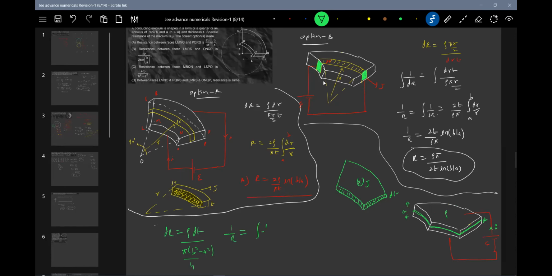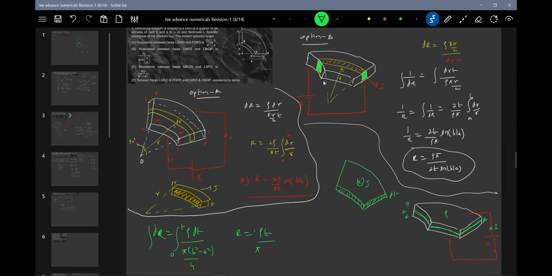One by R equal to one by integral of dR. Sir, direct integration, no need of that. They're directly in series, so direct integration will come. This will be a much easier method. Next step will be 0 to t.